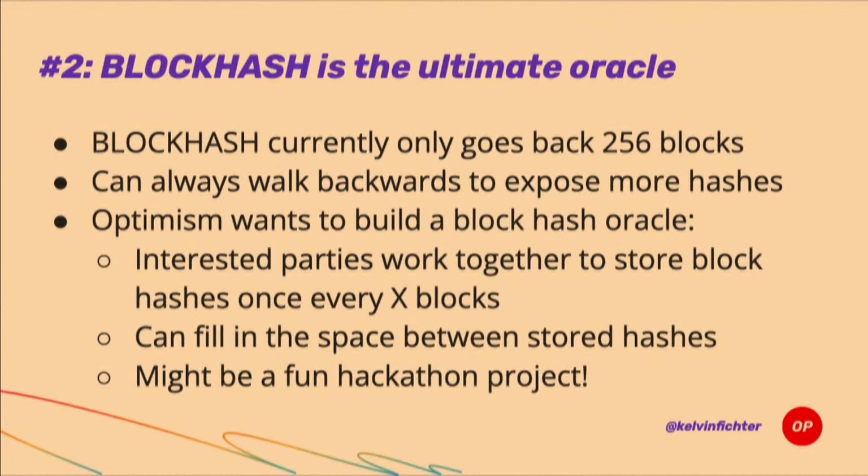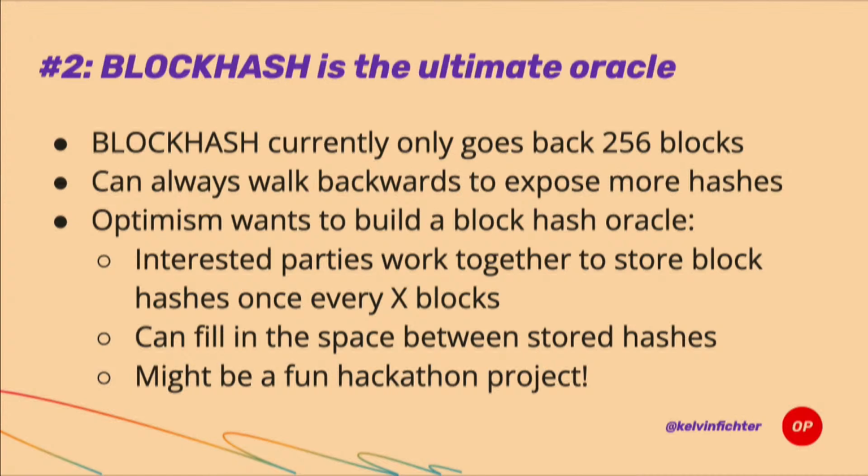Block hash only goes back 256 blocks, but you can always walk backwards by doing proofs. So you say, I'll prove the current block, and then I'll show you the contents of the previous block hash, and I'll just repeat this, because the previous block hash contains the block hash before that, and you just go in this chain backwards. And Optimism really wants to build a block hash oracle, so we would have a chain of block hashes into eternity.